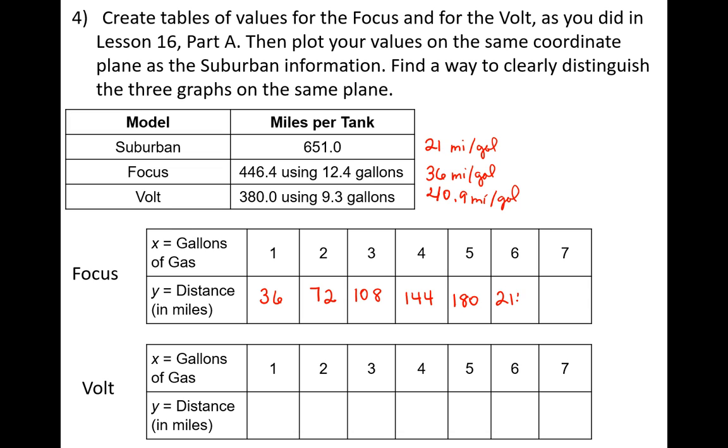Each time we use 1 more gallon of gas, we travel 36 more miles. For the Volt, let's just go ahead and call this 41 just to make it a little easier to fill in our table.